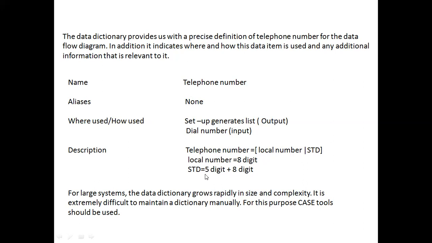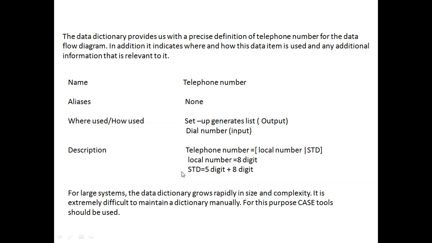Whatever STD number we have, with this addition, we have to use this 8 digit number. Okay, this STD number plus local number will be a single telephone number. So this is the description for this telephone number. This data is stored in this particular format. Okay, this is the data dictionary.